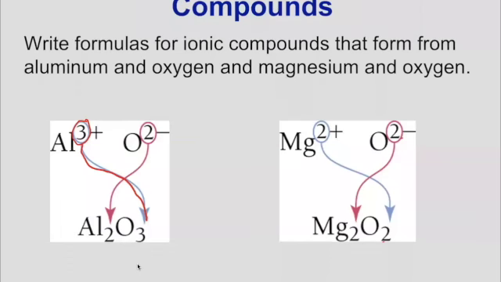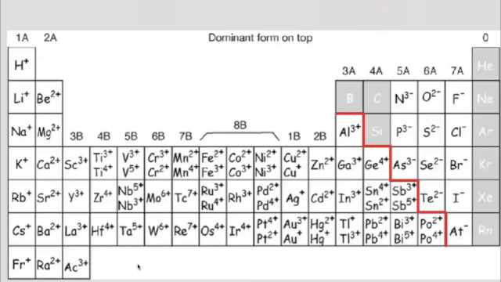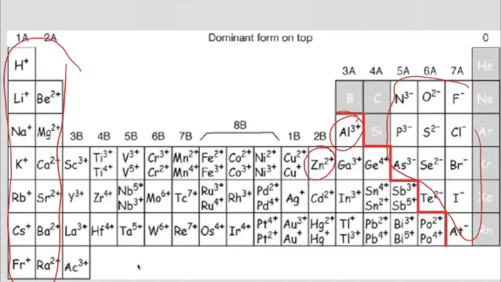Now, remember how I told you that you can predict the charges? Well, here you go. These ones I highly recommend you memorize. Notice that these are the charges that are not gonna change, along with aluminum. Zinc is never gonna change. Gallium is never gonna change.